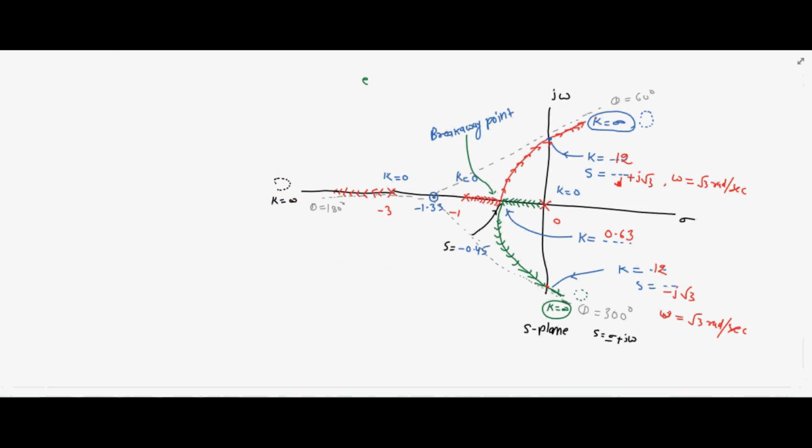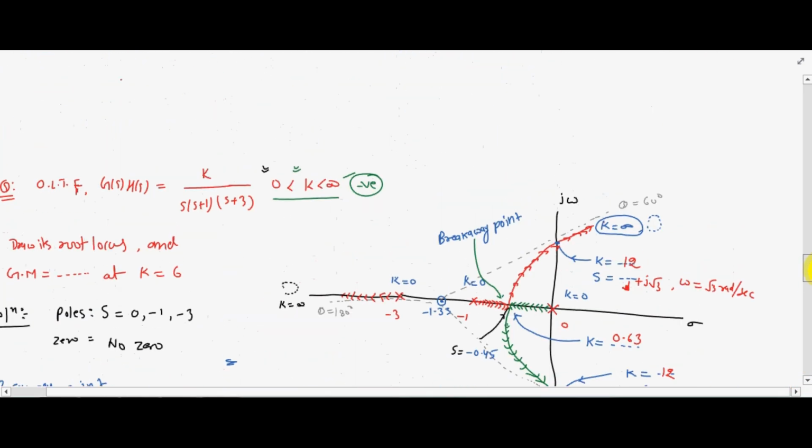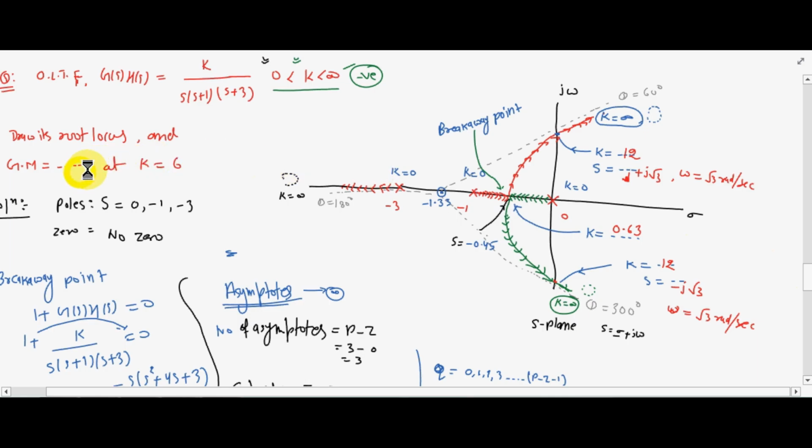Now in our question, given that, find the gain margin. We have drawn the root locus, right? The question is asking to find the gain margin of the system when the value of k is equal to 6.